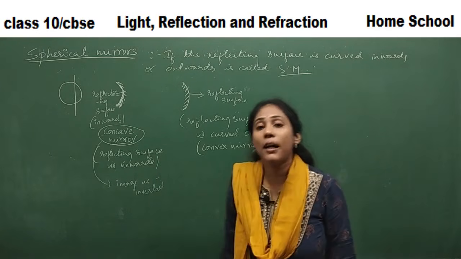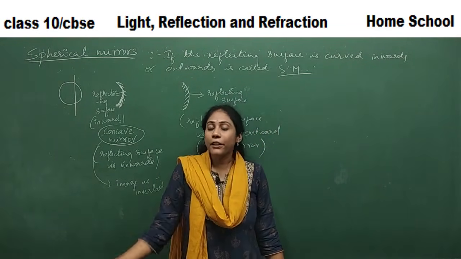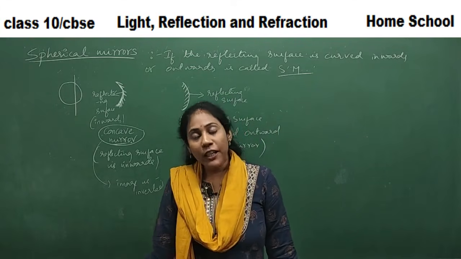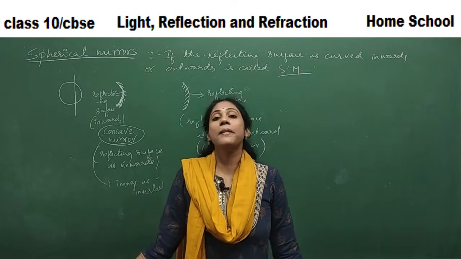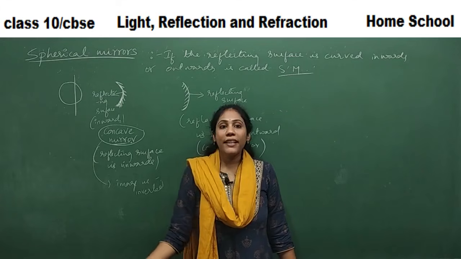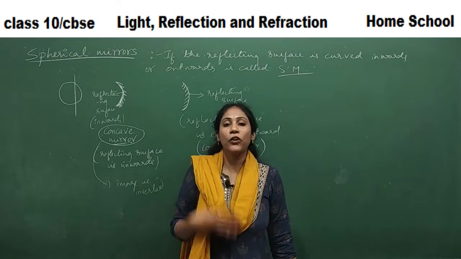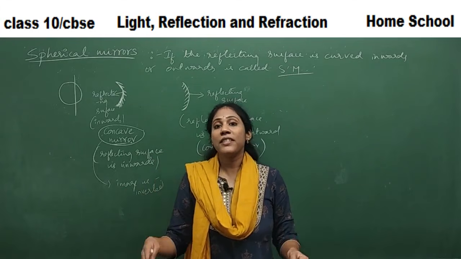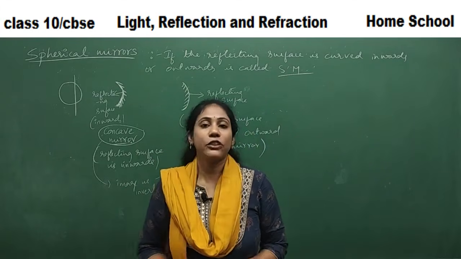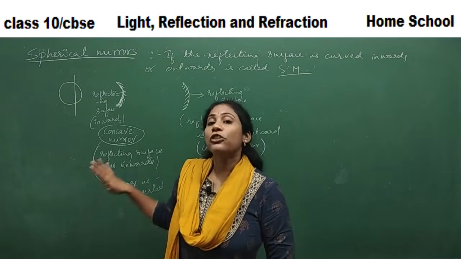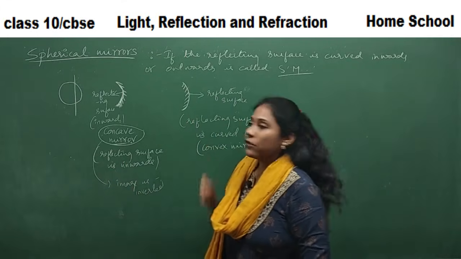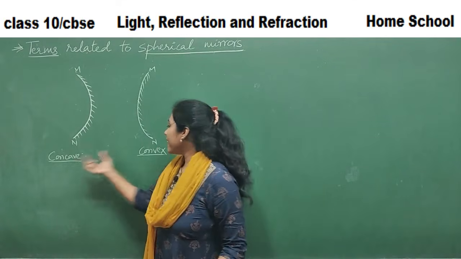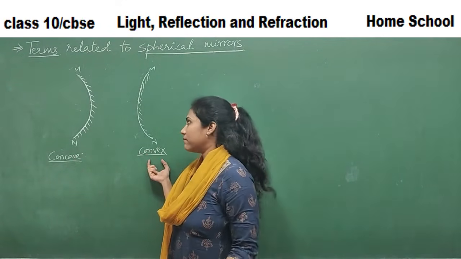There are certain terms like pole, center of curvature, radius of curvature, aperture, focus, the principal focus, the principal axis, and focal length. We have so many terms whose definitions and meanings are very important to understand. So let us go to the terms related to spherical mirrors. See, this is how we represent concave and convex mirrors.